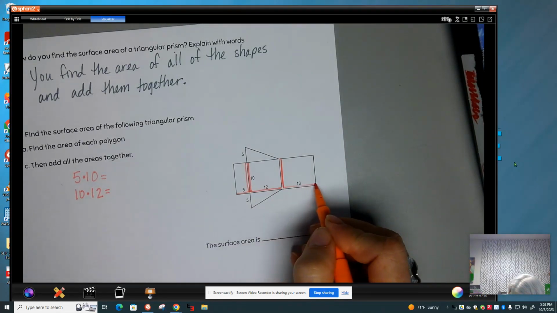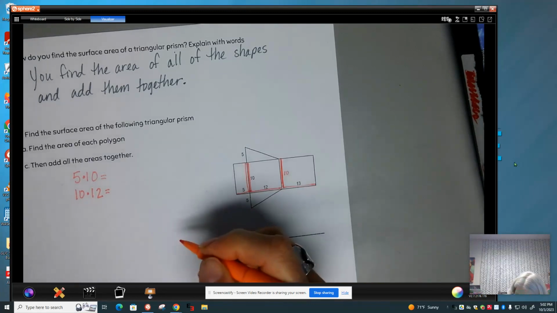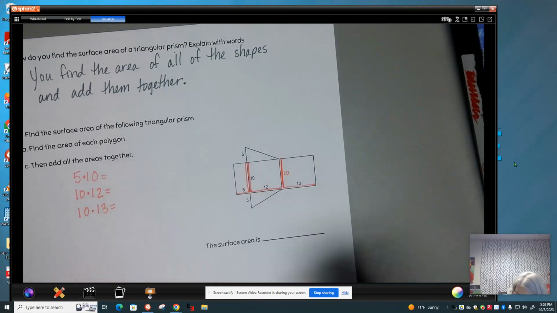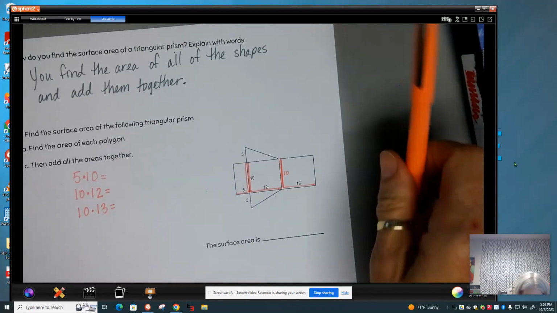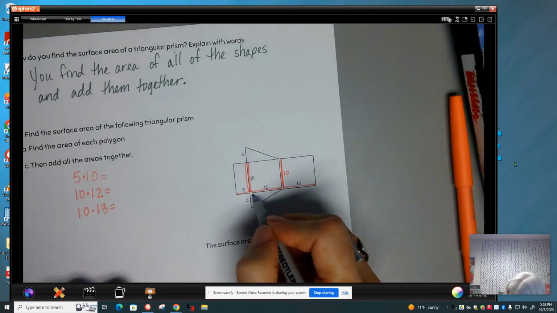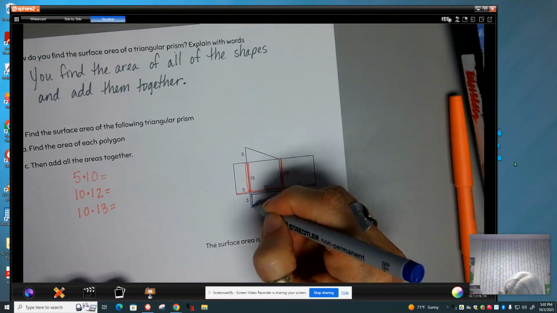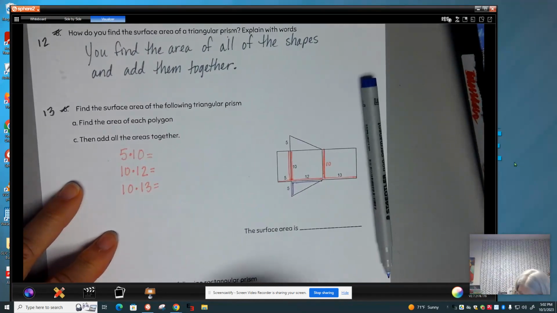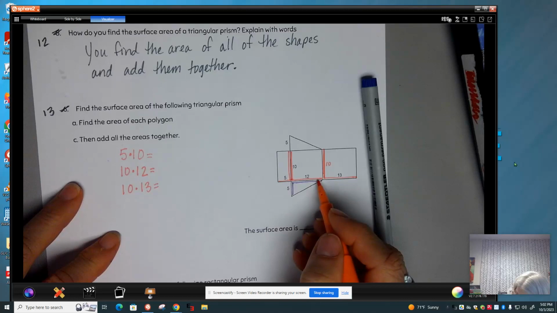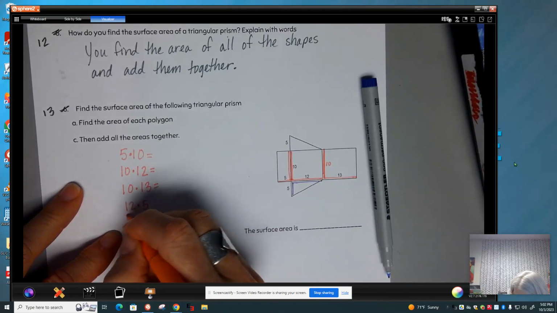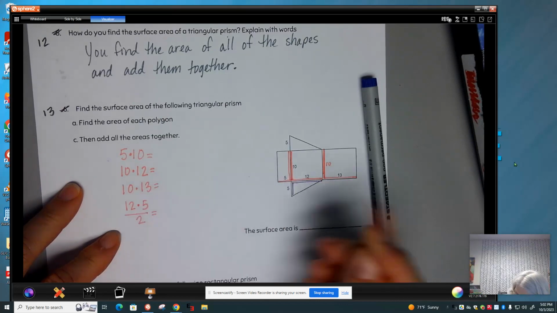So this is a 10 by 13. And then we have the triangles. This triangle is 12 by 5. And we already reminded ourselves and practiced that a triangle is the base times the height divided by 2. So 12 times 5 divided by 2.